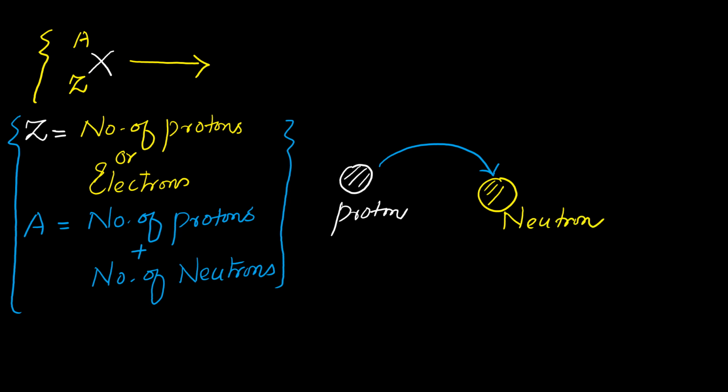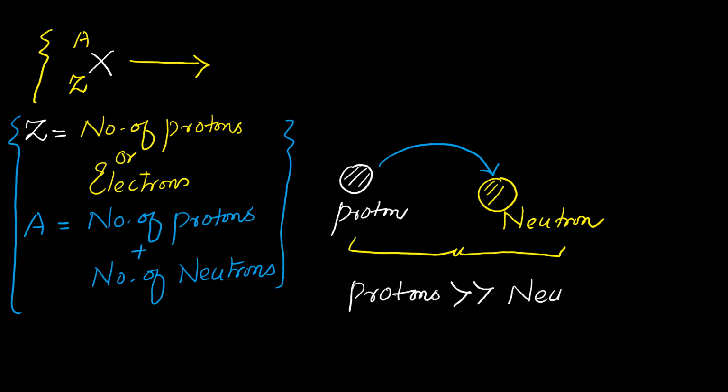The conversion of proton into neutron in positron decay only occurs when the amount of protons is more than the amount of neutrons in a nucleus.